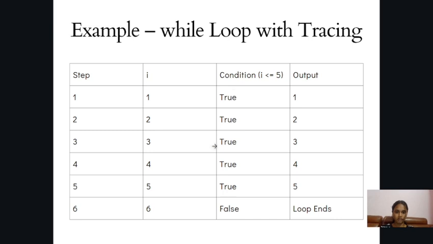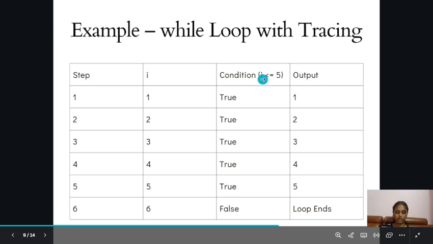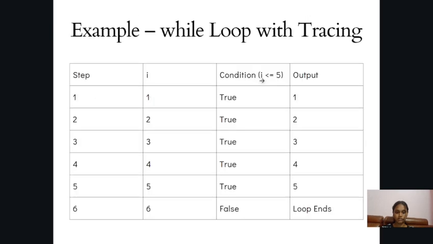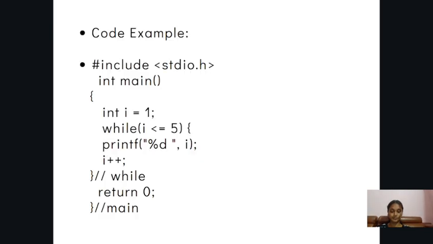When the condition becomes false, the loop ends and the output is printed as 1, 2, 3, 4 and 5. So in this way, the while loop runs. The key difference here is that if the condition is false at the beginning, the while loop body won't run at all.